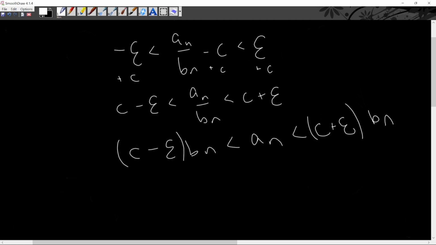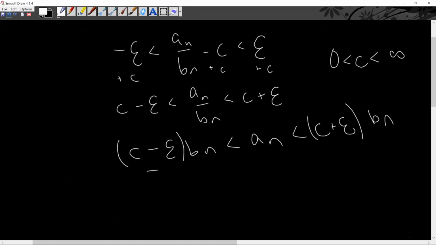Now, this test only works if c is greater than 0. Remember, 0 and infinity are bounding this c. So since c is greater than 0, we can choose epsilon such that c minus epsilon is a positive value, because we want this to be greater than 0.